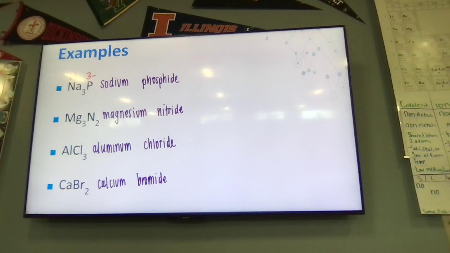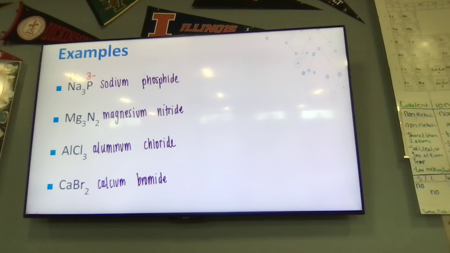So when ionic compounds get together, your positives and your negatives always have to be equal. So we put our 3 little +1s on there, and you get your nice little pretty rectangle. So that's why there's 3 sodiums and 1 phosphorus.